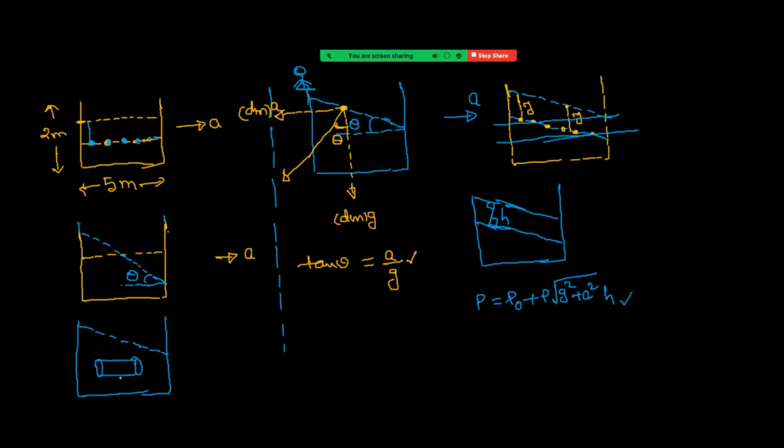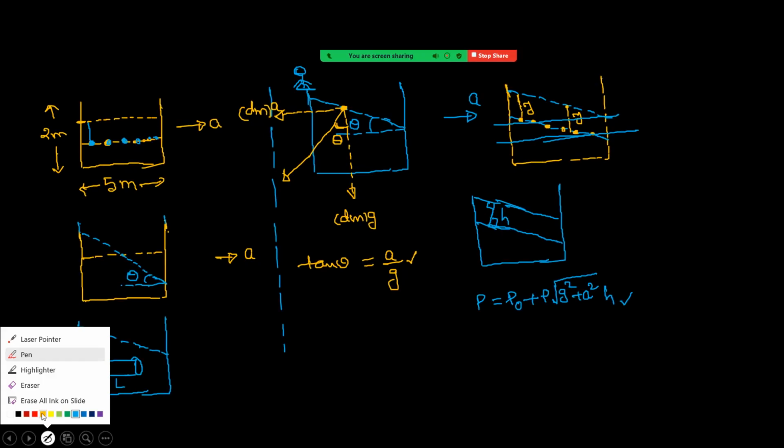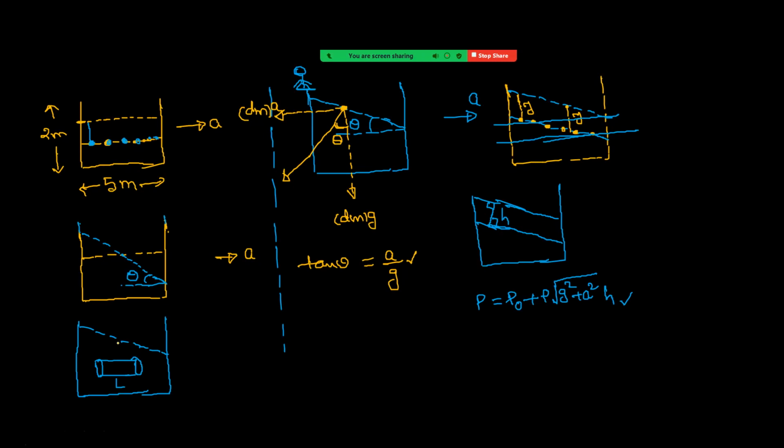Suppose its length is L, and let us take that this end is at a depth h1 and this end is at a depth h2. The acceleration is now here. Now see what we can write.